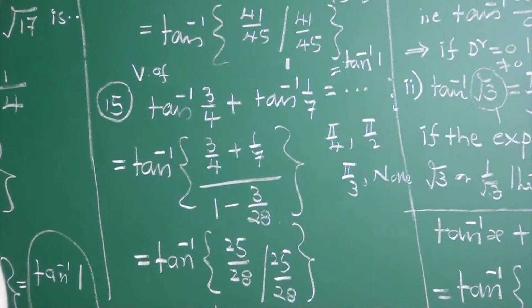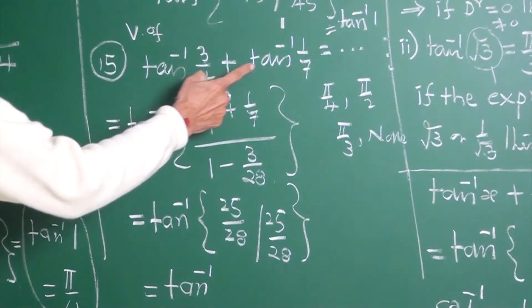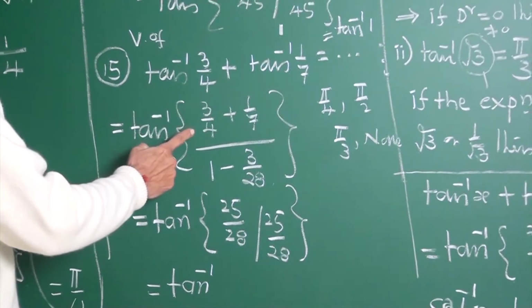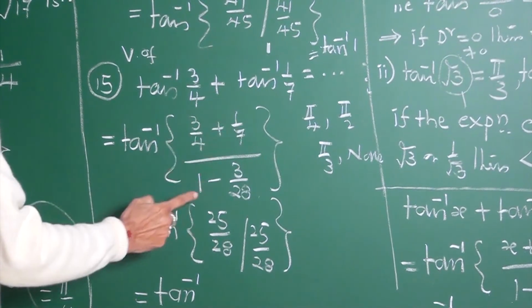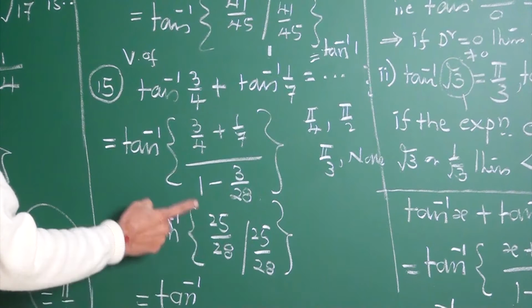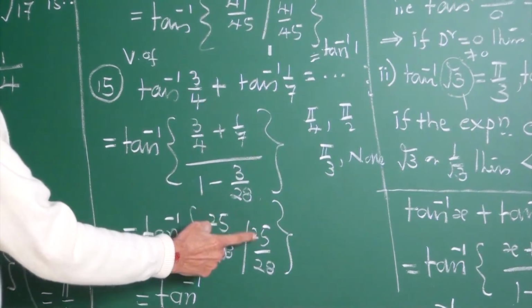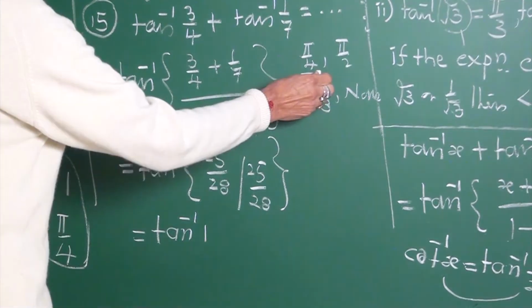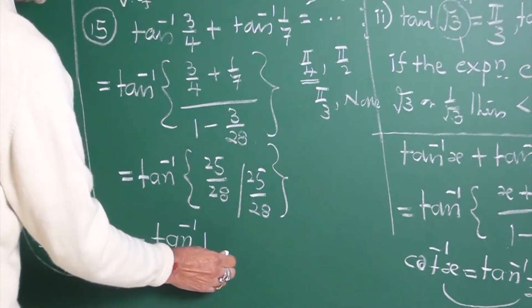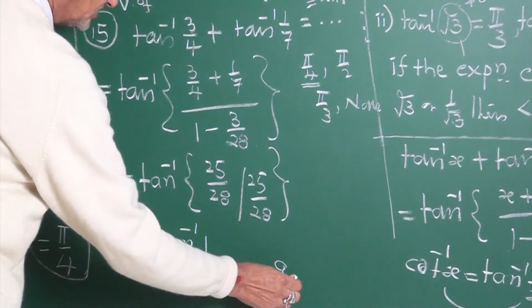So directly apply that theorem, tan inverse x plus tan inverse y is tan inverse of x plus y upon 1 minus xy. 21 plus 4, 25 upon 28 minus 3, 25 upon 28, which is tan inverse 1. Which option is your answer? Pi by 4. Therefore, option A is the answer.